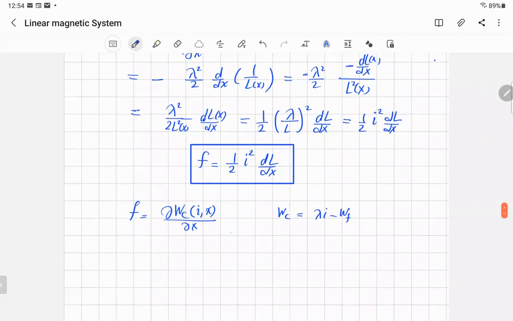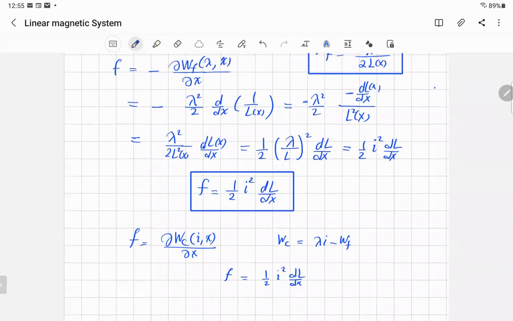When you do that, you'll find you get the same answer, 1/2 I squared dL by dx. So basically, no matter which way you do it first, you can do it the other way, exactly, with any problem.